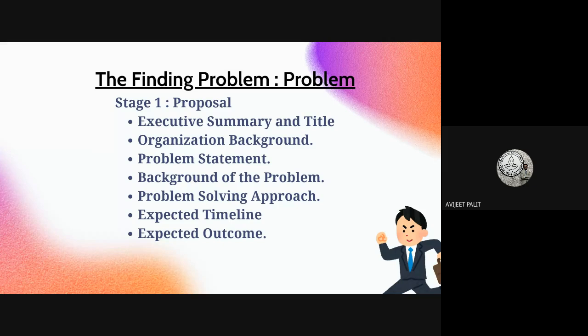Next, you have to give the problem solving approach. Now this is a proposal, so whatever you propose in terms of problem solving approach is: okay, these are my intended, or intuited, methods that I am going to implement to solve the problems that I have set in the problem statement. So this is the report format.